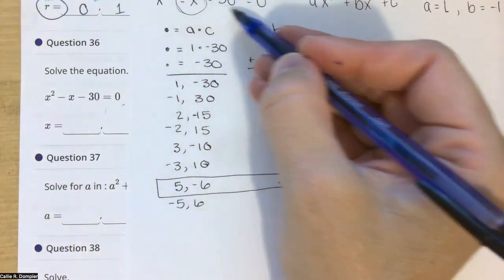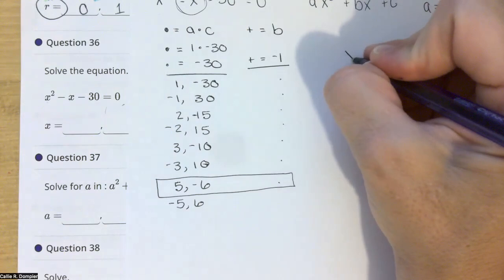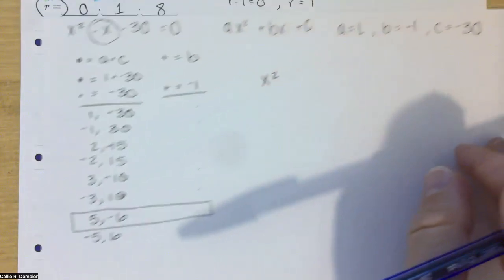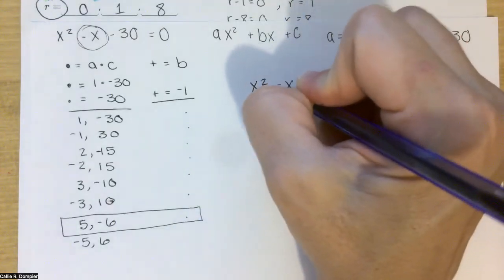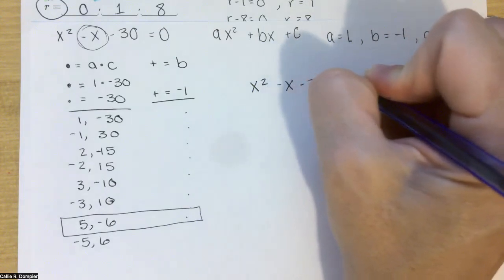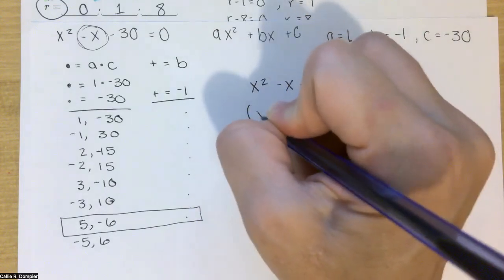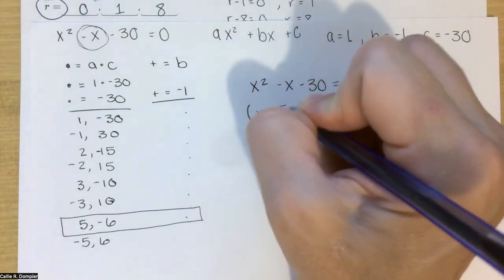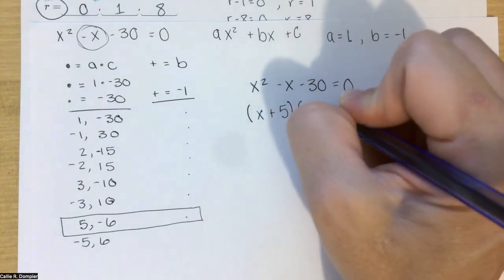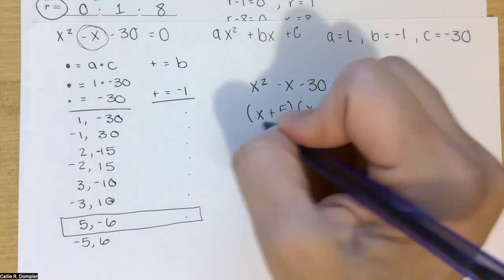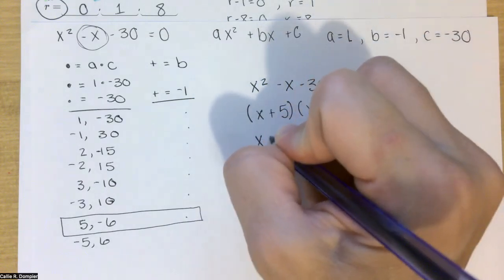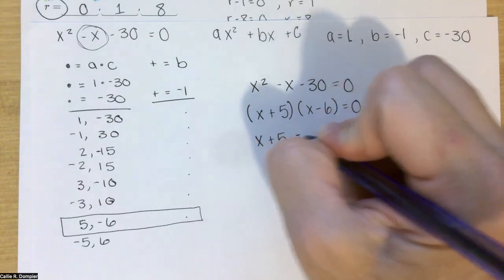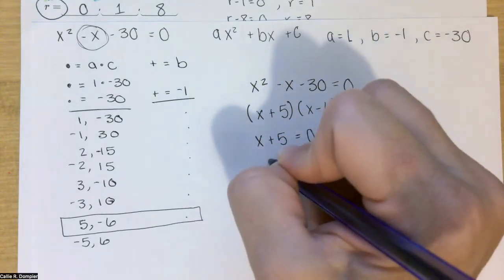So x squared minus x minus 30 equals 0 becomes x plus 5 times x minus 6 equals 0. Then we set each of those equal to 0. X plus 5 equals 0.